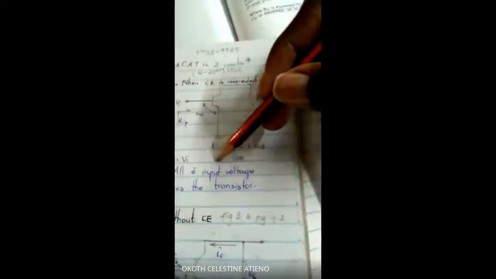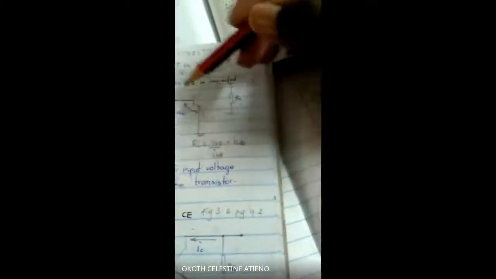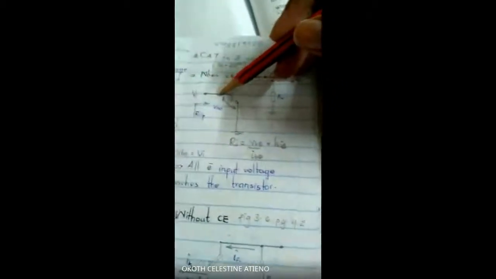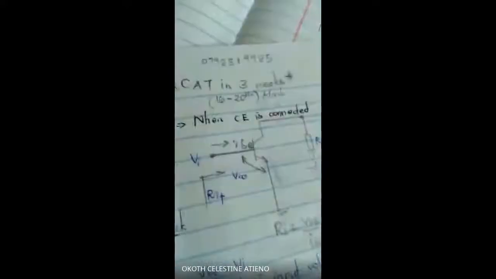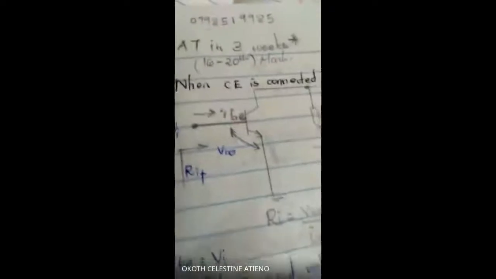When there is no negative feedback, we find that our input resistance is just V in, which is VB, over IB.